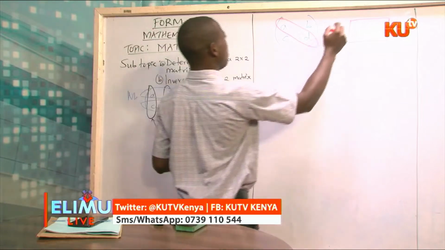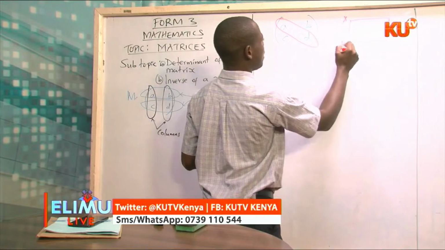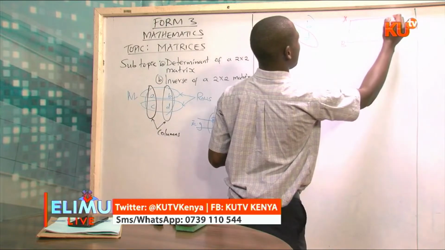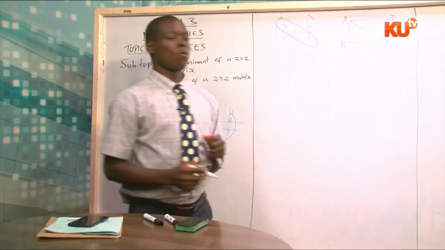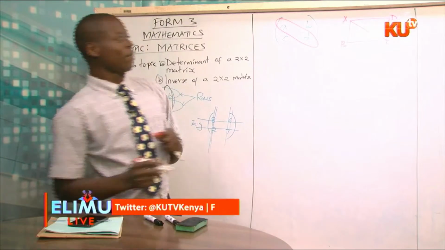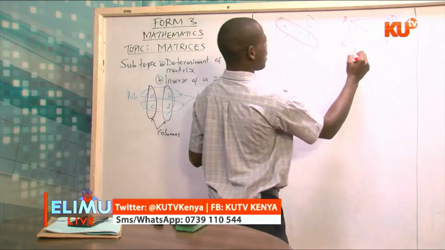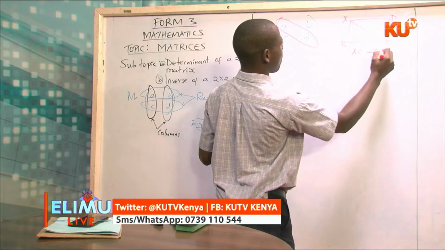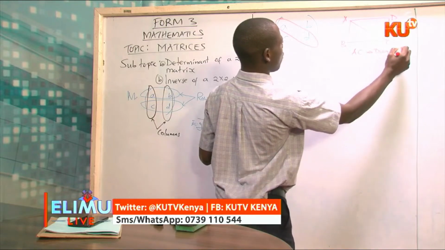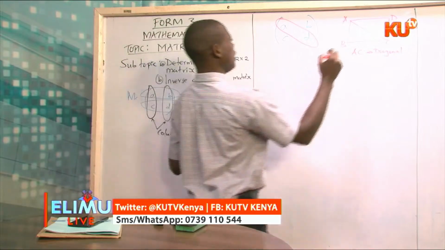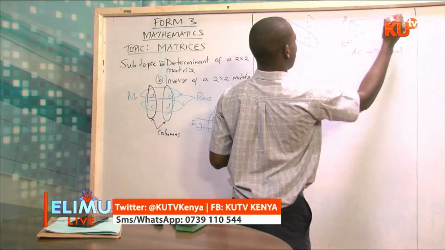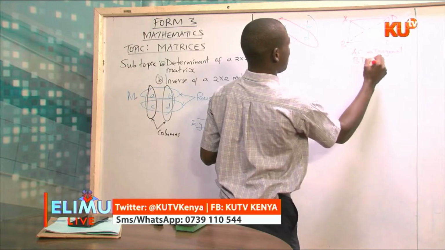The vertices of this rectangle, when joined, we obtain what we call a diagonal. Therefore, AC is a diagonal. When we join B and D as well, again, this is a diagonal.